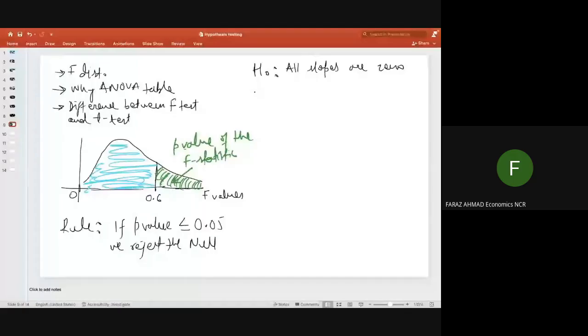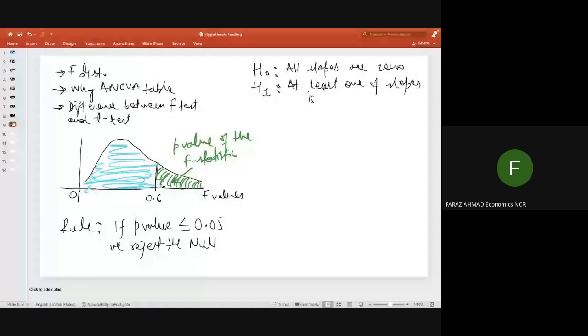And the alternate hypothesis is at least one of the slopes is non-zero, right?